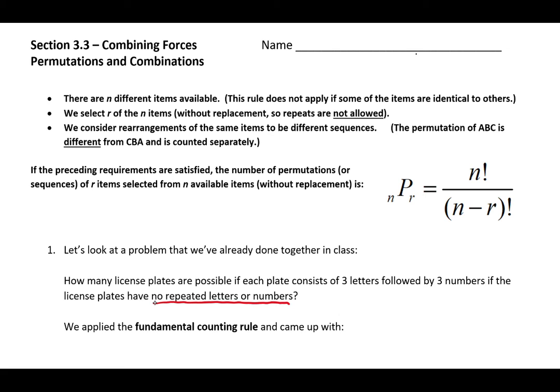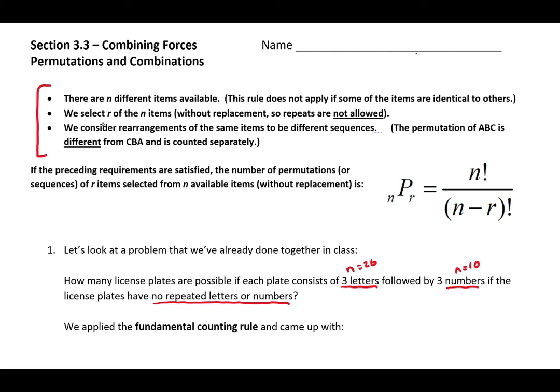All right, so if we look up here at the top, this bulleted list, if these 3 criteria are met, there are n different items available. If we're talking about letters, there would be 26 available, so n equals 26. Or if we're talking about 1-digit numbers, then if we look at the digits 0 through 9, there are 10 available numbers to choose from.